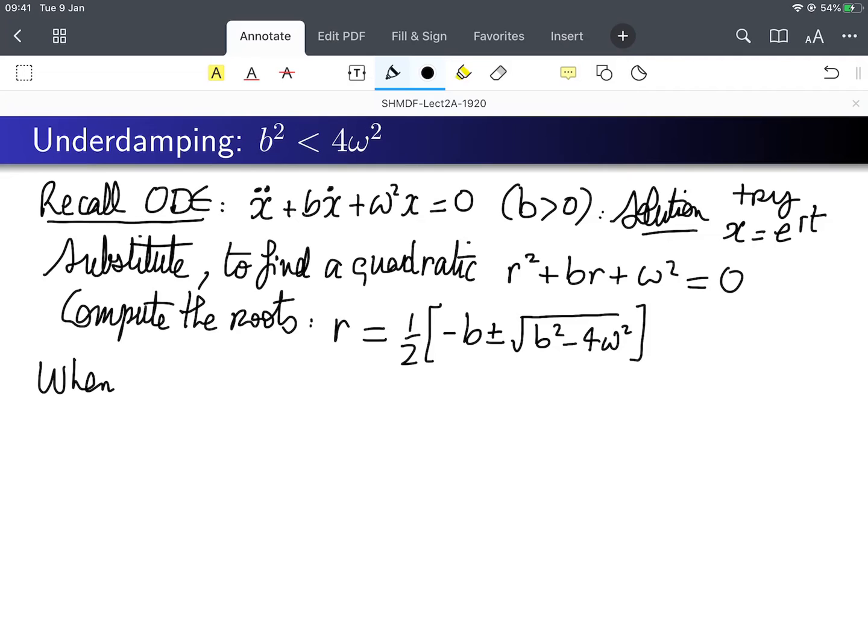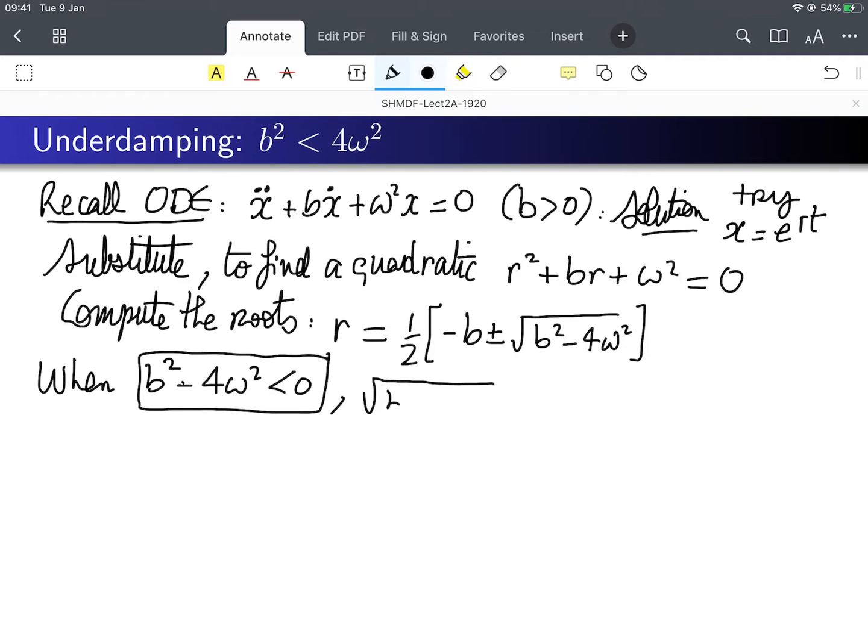The first case is when b squared minus 4 omega squared is negative. So in that case, the square root is the square root of a negative term, right?